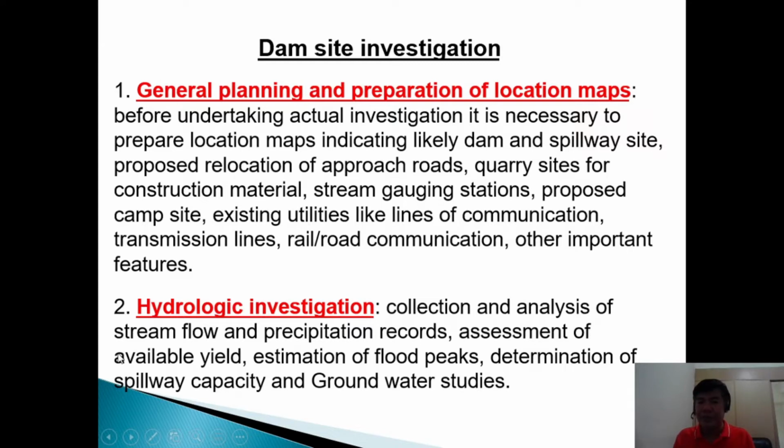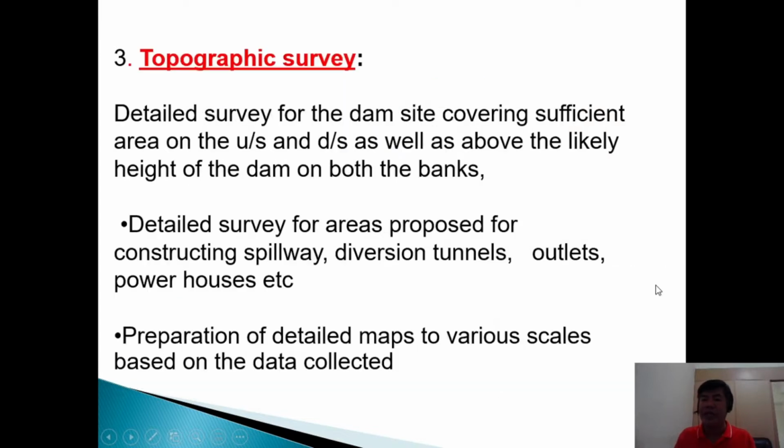So estimation also of flood peaks. There should be records of the different heights of floods that occur in the area. Determination of spillway capacity and groundwater studies are very important.